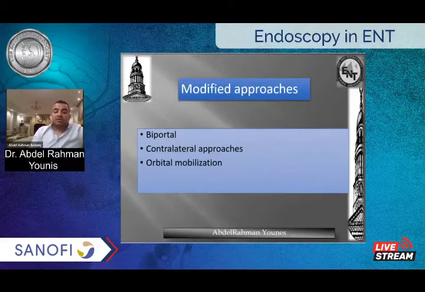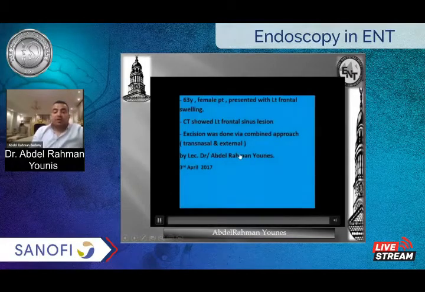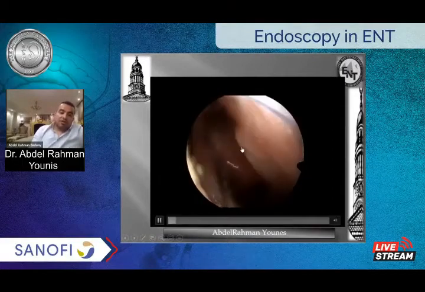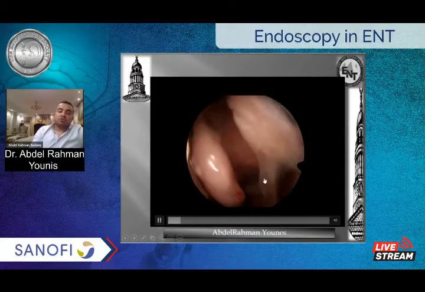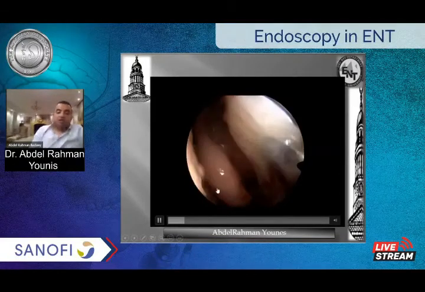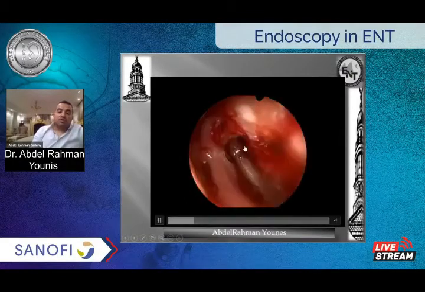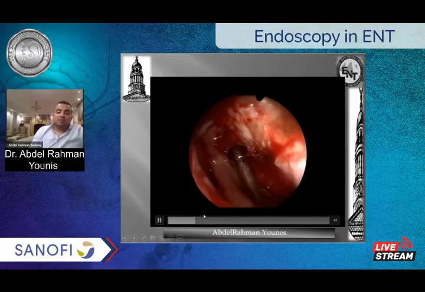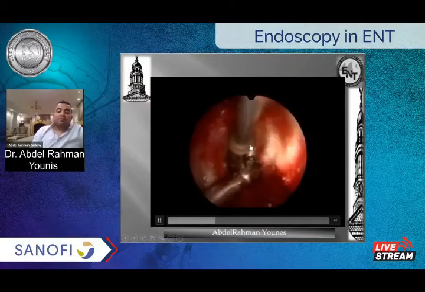The first modification is the biportal approach. If we take this case as an example, we did already, I can here demonstrate the steps of access to the frontal sinus. You should do uncinectomy, exposing the bulla. You will go above the bulla, uncapping of the egg and removing the agger nasi, then resecting the upper part of the middle turbinate to have a Draf type 2B.